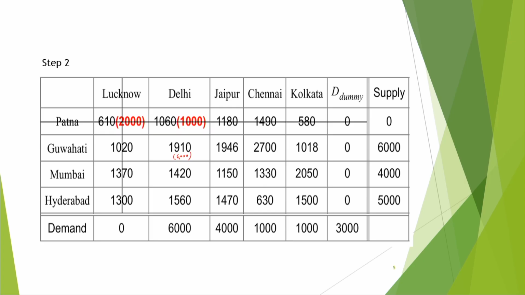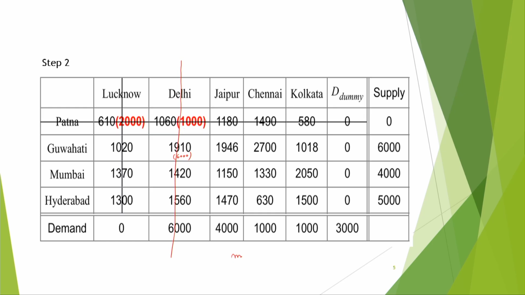Now what should I do? You can either strike Delhi or strike Guwahati. You may think I can strike off Guwahati because Guwahati's supply is complete, but that is not proper, because we need to have a basic feasible solution.